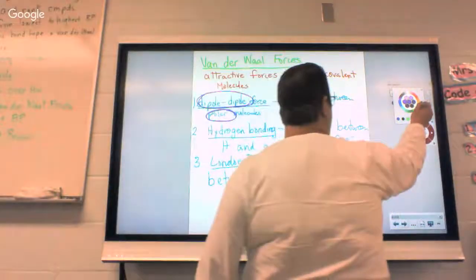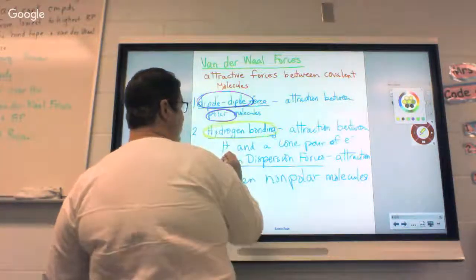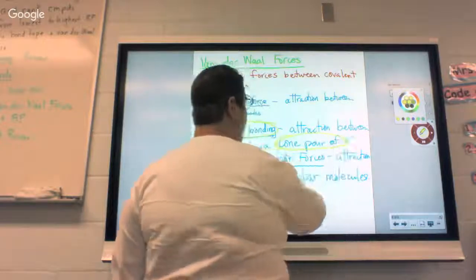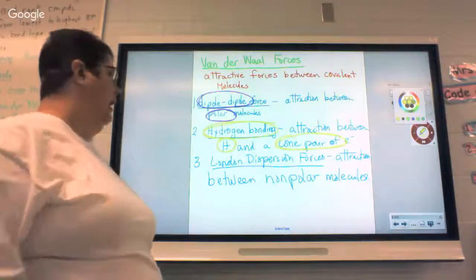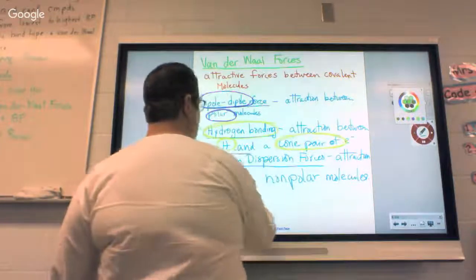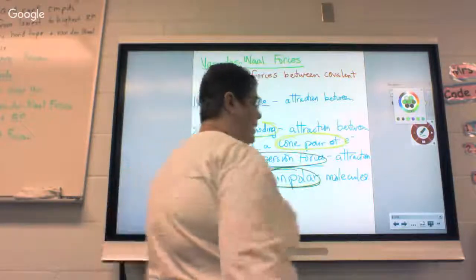Now, hydrogen bonding has to have what? A hydrogen and a lone pair. And the last one, London dispersion, has to have non-polar.